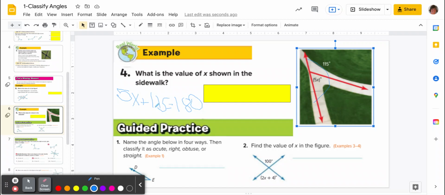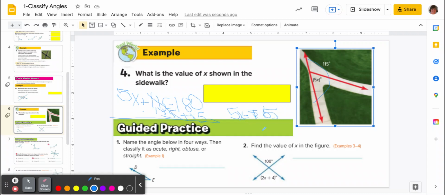That is review. I will subtract 115 from both sides. And we end up with 5x equals 65.